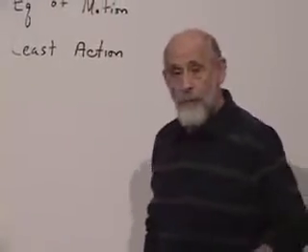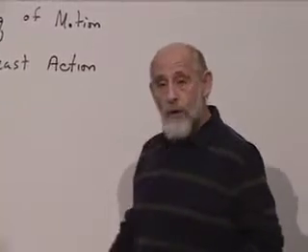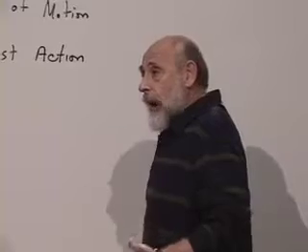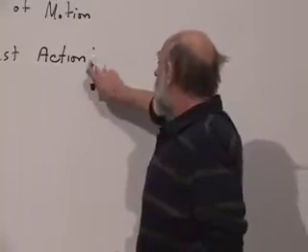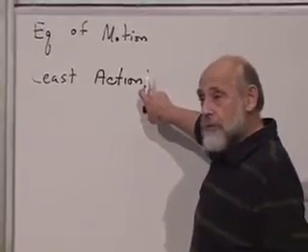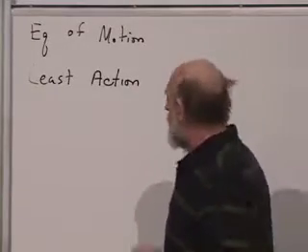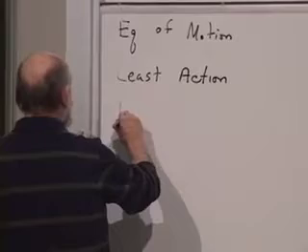From the principle of least action, we can derive another form, namely the Lagrange equations of motion, the Lagrangian form. Those are derived by applying the method of the calculus of variations to the principle of least action, in other words, the Euler-Lagrange equations, and that gives us the Lagrangian form.